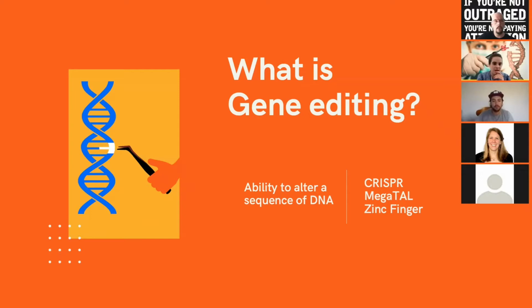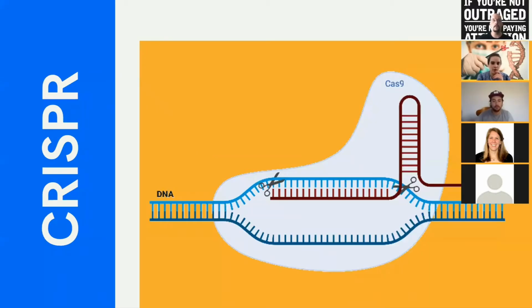Perfect. Okay. So we've arrived at the point of what is CRISPR. And I'm sure many of you are wondering, what does this stand for? Because it is an acronym. It's a bit of a tongue twister, so bear with me. It stands for clustered, regularly interspaced, short palindromic repeats.